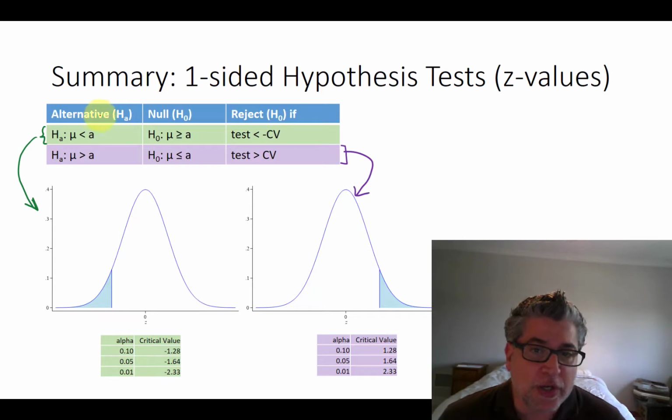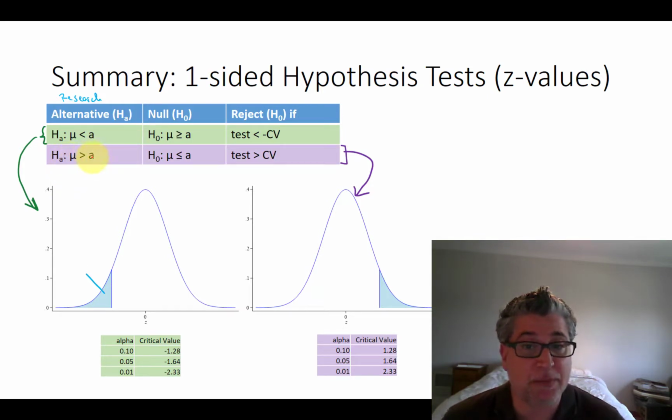If your alternative, or your research hypothesis, says that the average is less than a particular number, then it better be significantly less than. If our research hypothesis was that the average was bigger than a particular number, then what we really want is our test statistic to be much bigger than this particular number.